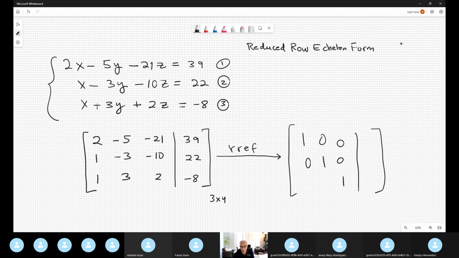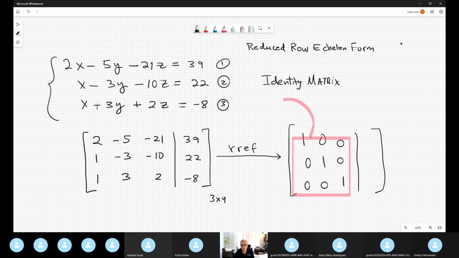By the way, this matrix, everyone in the world knows the name: the identity matrix.